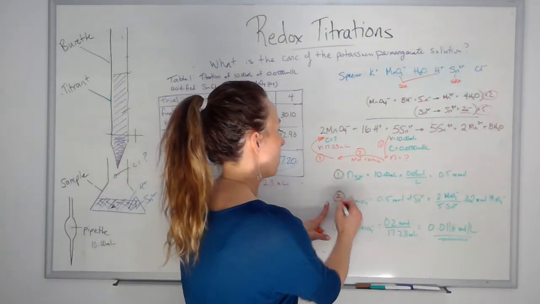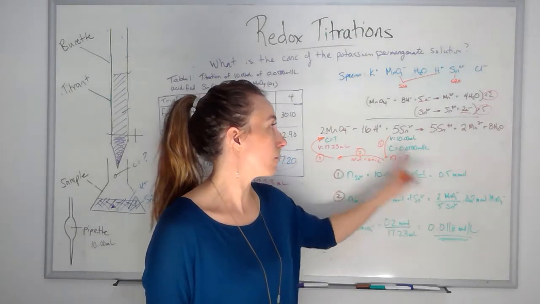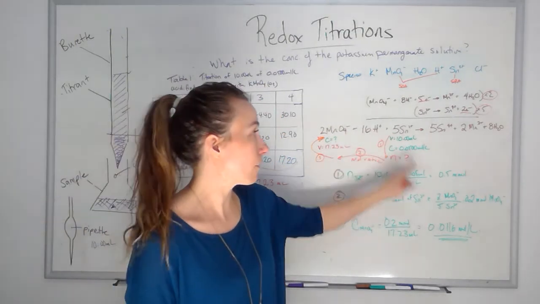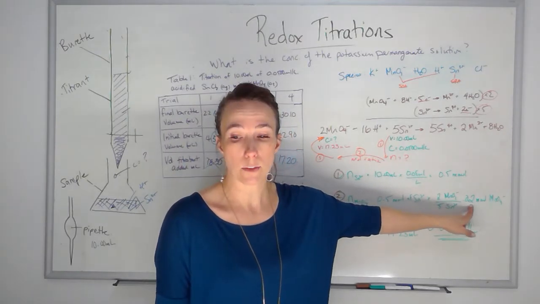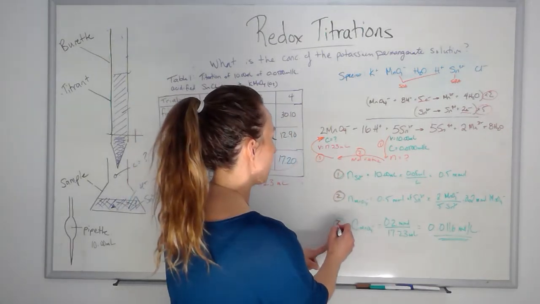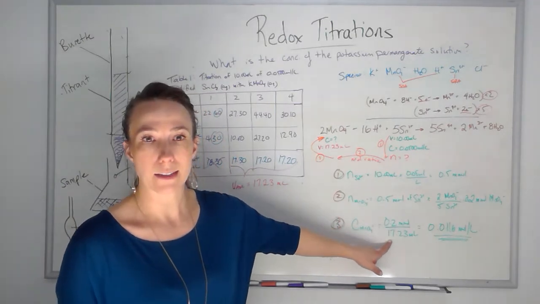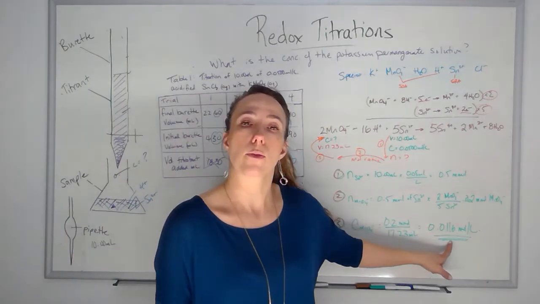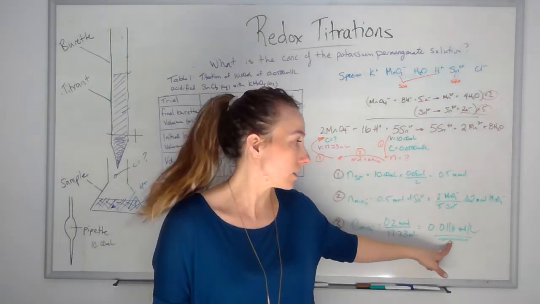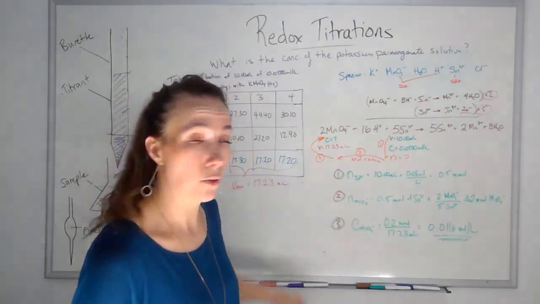Then I use the mole ratio, so those 0.5 millimoles times 2 permanganates for every 5 tin 2+s leaves me with 0.2 millimoles of permanganate. And then the concentration is those 0.2 millimoles divided by my 17.23 milliliters, and I end up with 0.0116 moles per liter.